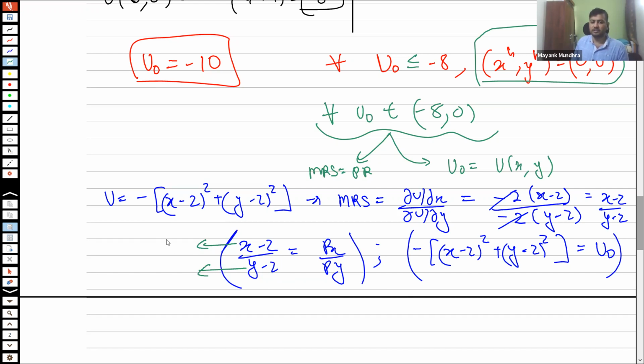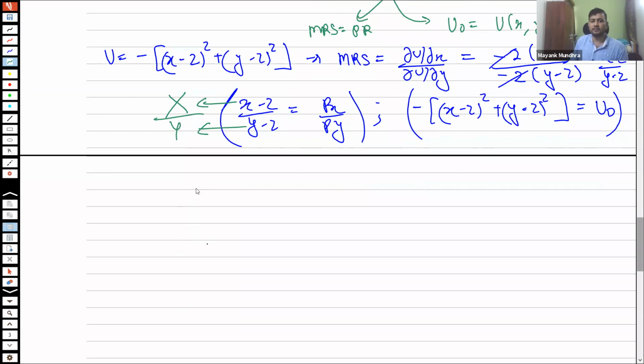Let's say x minus 2 is capital X, and y minus 2 is capital Y. So what you get is capital X by capital Y equals px upon py, and negative of X square minus Y square is equal to u1. Or you can write this as X square plus Y square equals negative of u1.